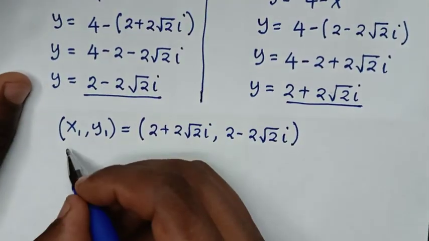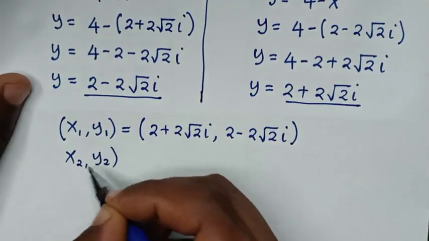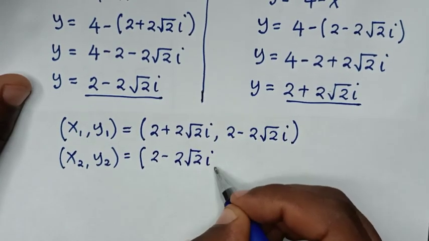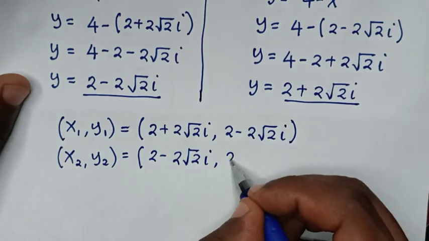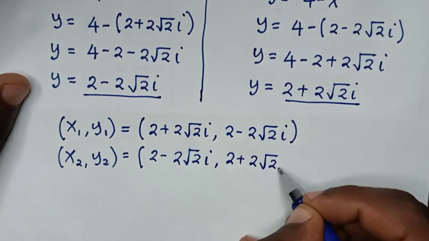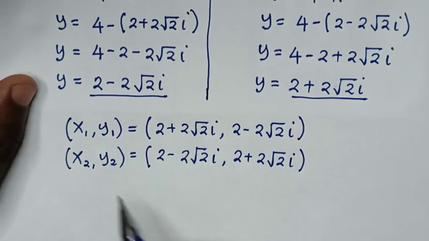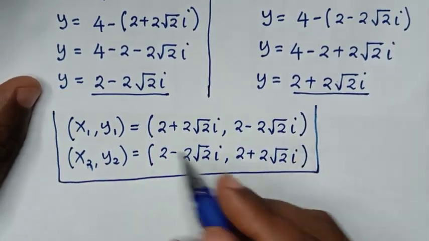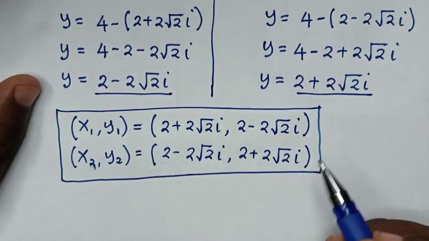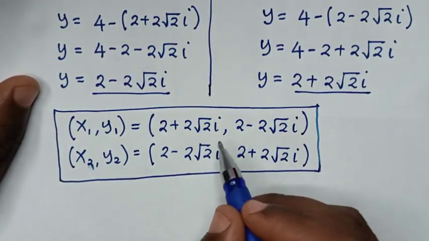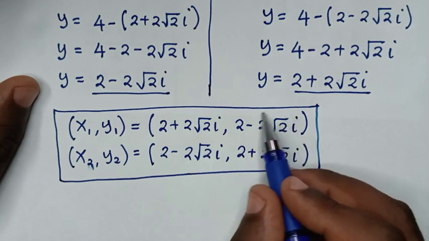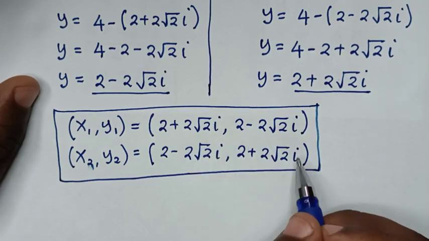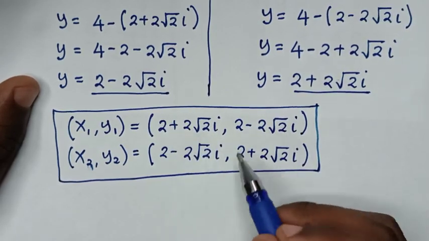So here x2, comma, y2 is equal to 2 minus 2 square root of 2i, comma, y2, it is 2 plus 2 square root of 2i. Now these are the answers from the first solution, and these are complex solutions because they have i. When this is the value of x, this is the value of y. They are the same.